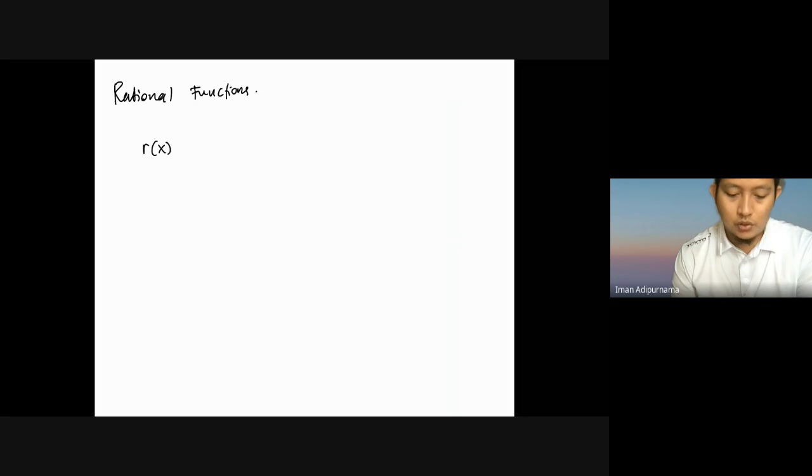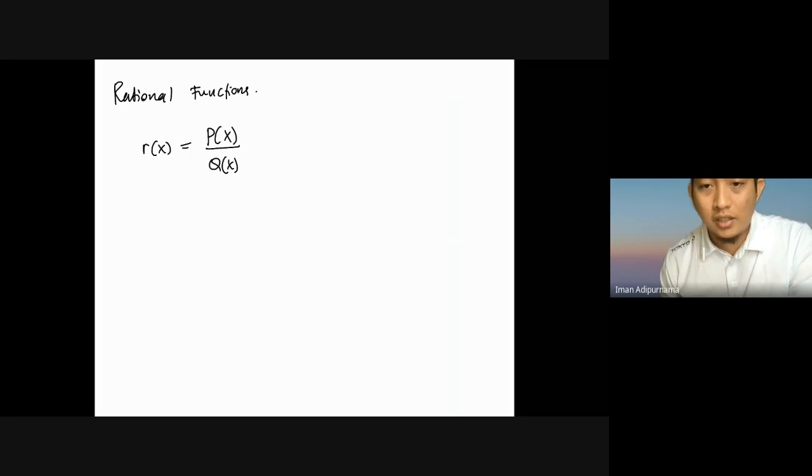So we are going to have a rational function as p over q, as we maybe mentioned earlier in the polynomial. Okay, so p and q are polynomials.